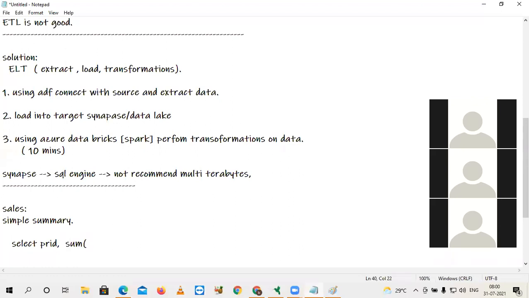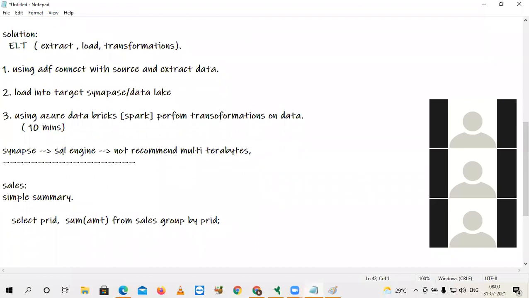One SQL query I am giving: select product ID, sum of sales amount from table sales, group by product ID. What is the expected result by this query?